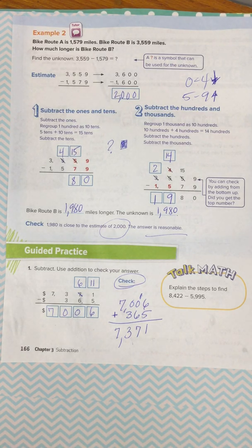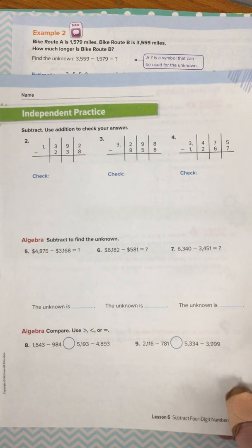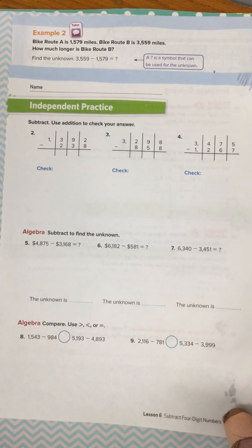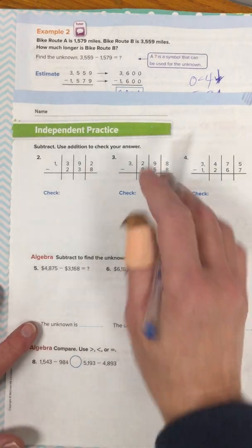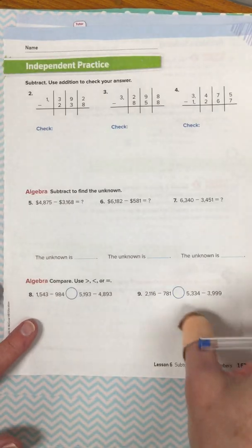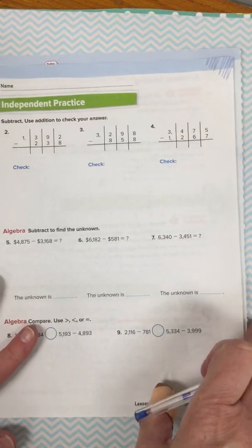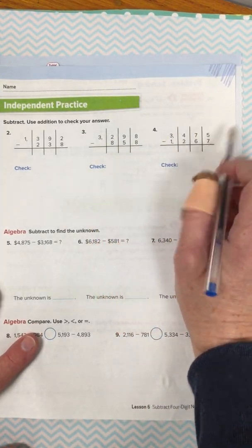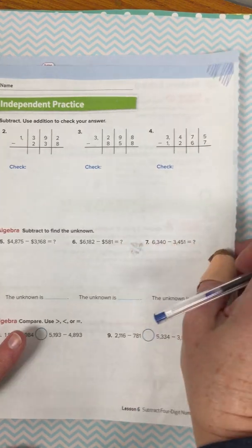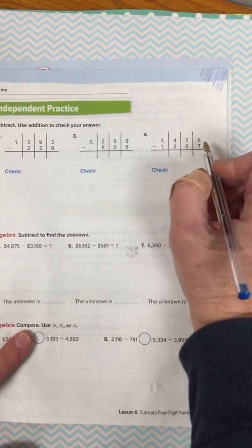All right. Next thing you're going to see are problems just like this. Let's do one together, and then you'll know what to do. I'm going to randomly pick this one on the end. This one looks kind of easy to me, but let's do the one on the end. Looks like a little bit more borrowing, in fact.